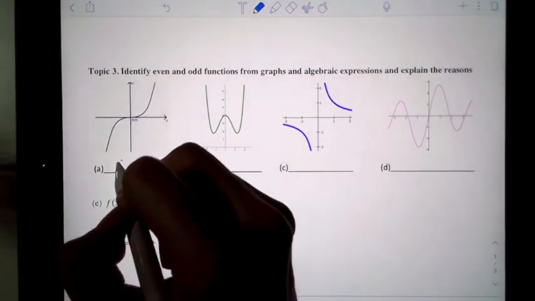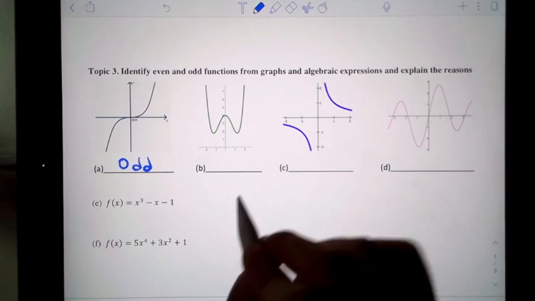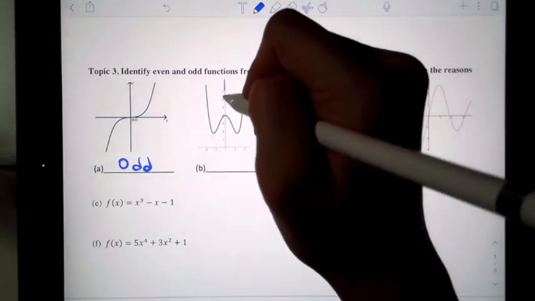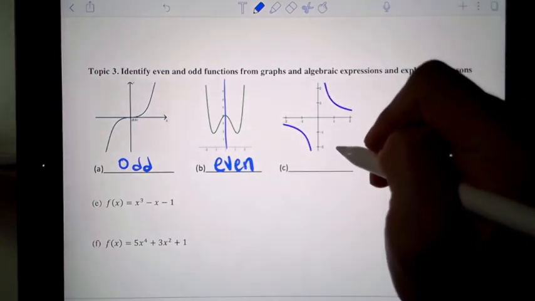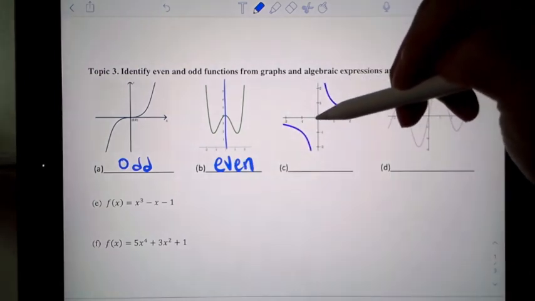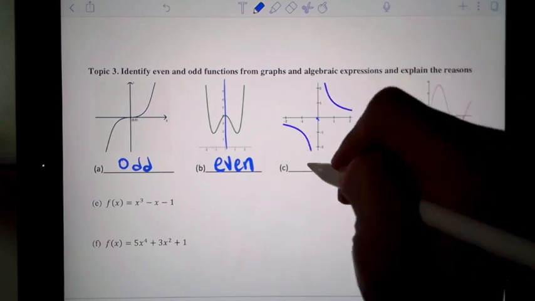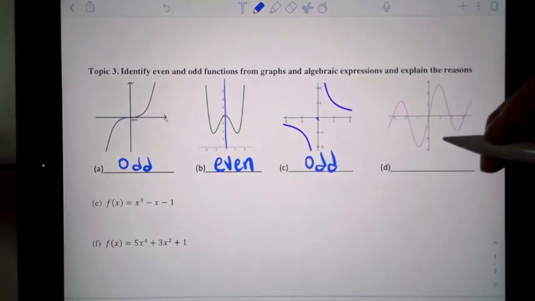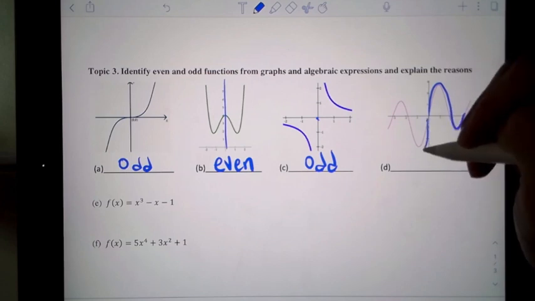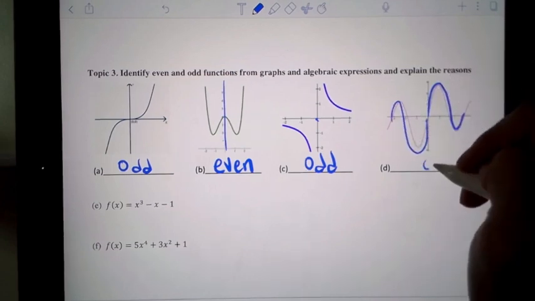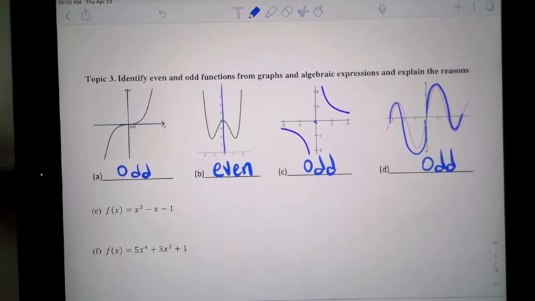That's odd, right? What is this? Symmetric over the y-axis, so this is even. What about this one? It's symmetric over the origin, so that's odd. What about this one? You have this, and you have that shape over here, so that's odd, right?